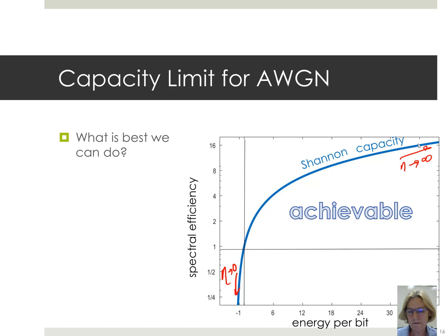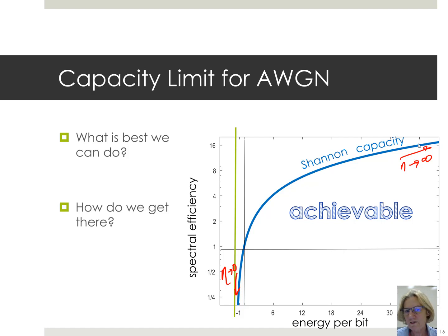In fact, here at -1, we can see that there's more noise than signal present. And there's actually a limit on how much we can trade off that spectrum, so how weak can my signal be and still be able to achieve transmission. So this is what we mean by the Shannon limit.